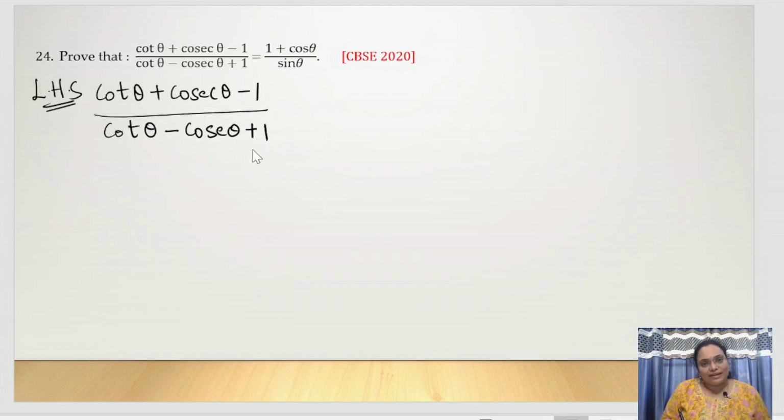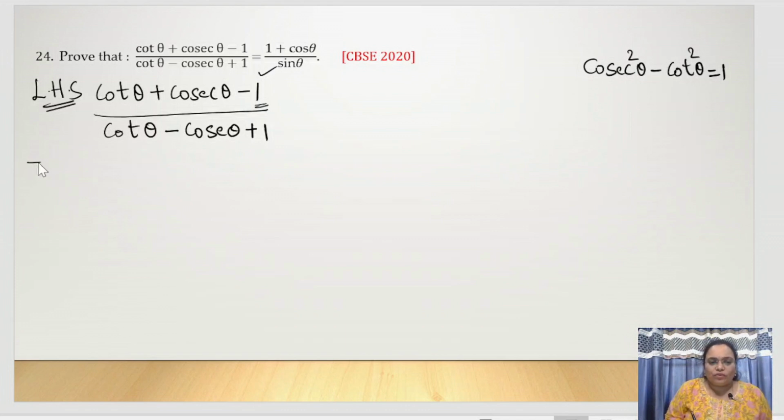We have already solved this kind of question earlier. If you see the numerator, we have cot and cosecant. So we have an identity with cot and cosecant: cosecant square theta minus cot square theta is equal to 1. Let us change 1 to cosecant square theta minus cot square theta.